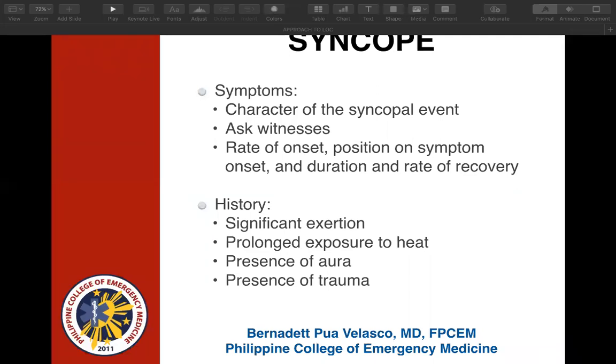We can also ask the witnesses for additional history. Abrupt onset occurring while sitting or supine and duration of more than a few seconds are usually ascribed to serious, often cardiac, origin. Additional history regarding the events preceding the syncope is very helpful, especially from those who witnessed the event.